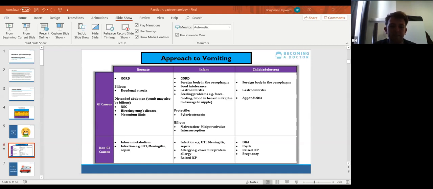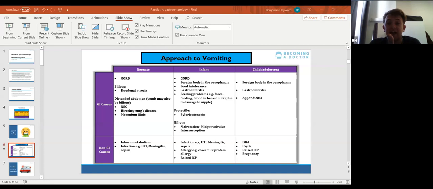Okay. And then in terms of red flags, any ideas what those could be? Have a think about maybe 5 red flags to be aware of. I would say firstly bilious vomiting, as I've said a few times, so that goes with obstruction.